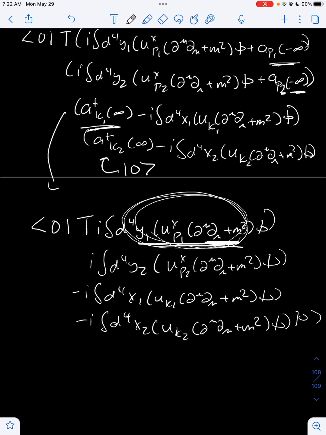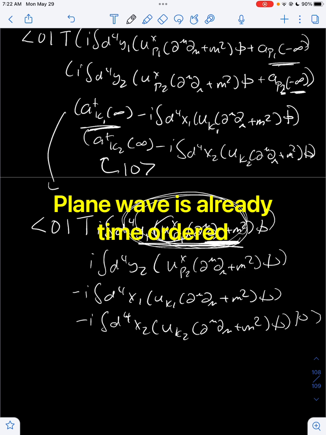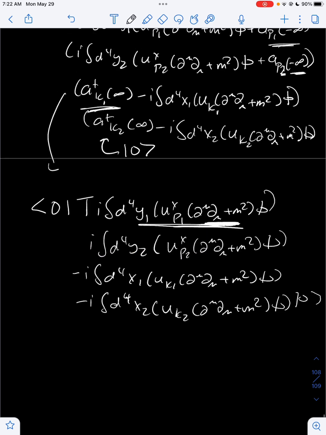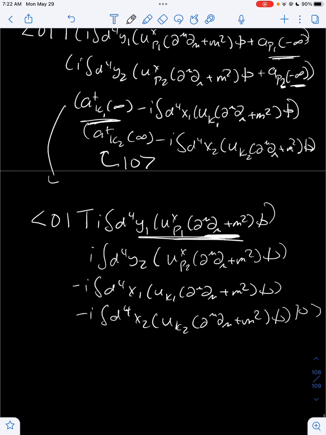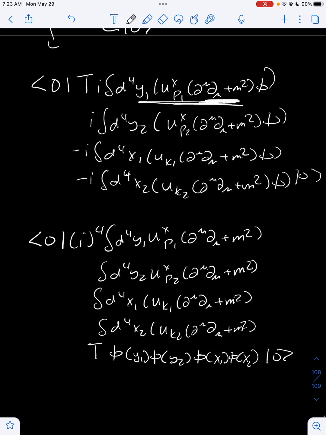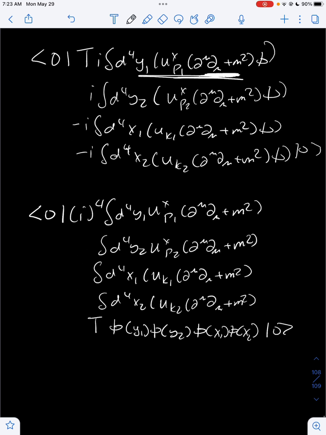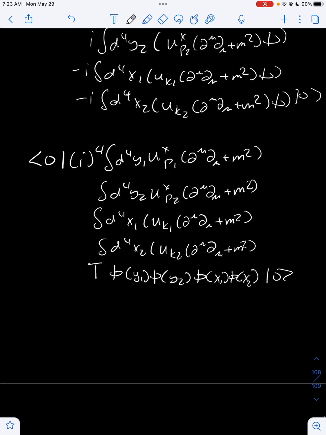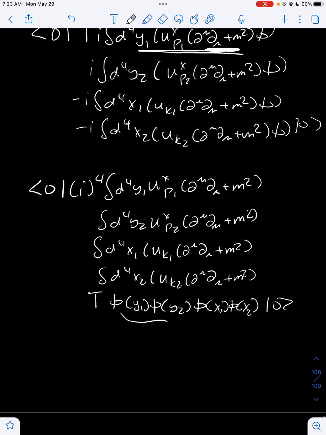I mean, technically this plane wave does depend on time, but we can just move all the other terms to the front of the time ordering operator. So we just moved all these things in front, and now I have this expression over here. And now we have the time ordering product of these four quantum fields.